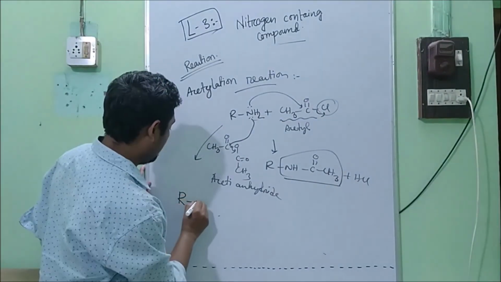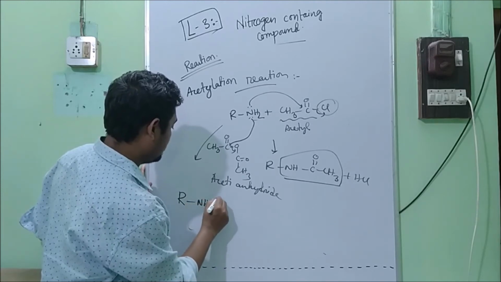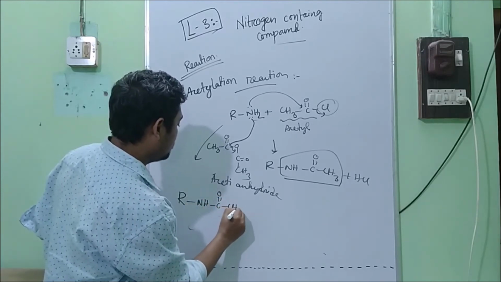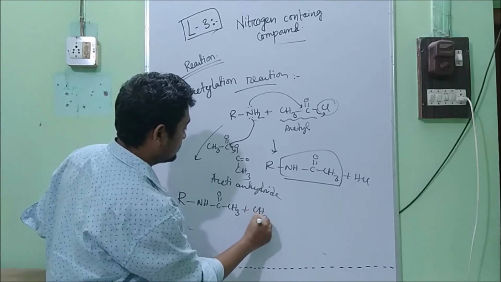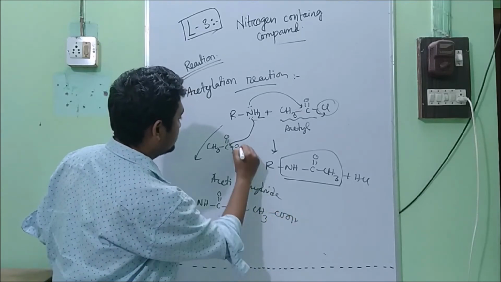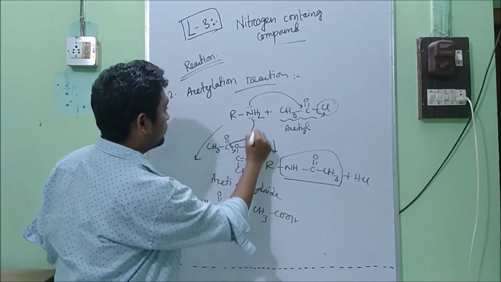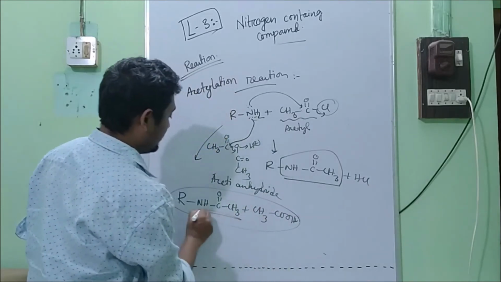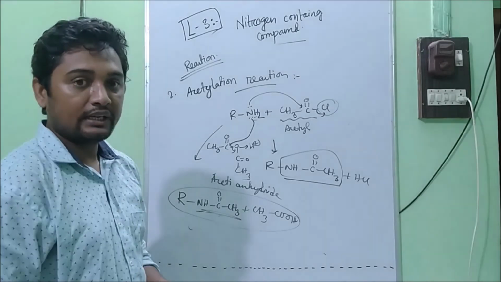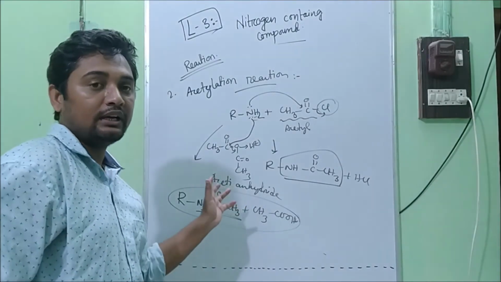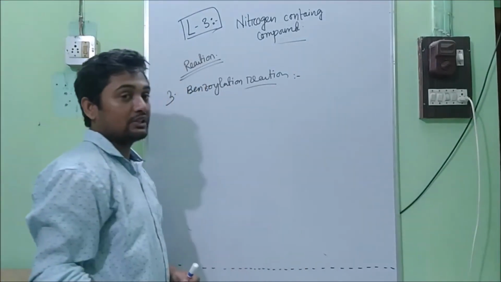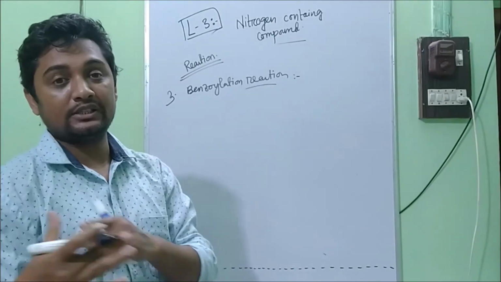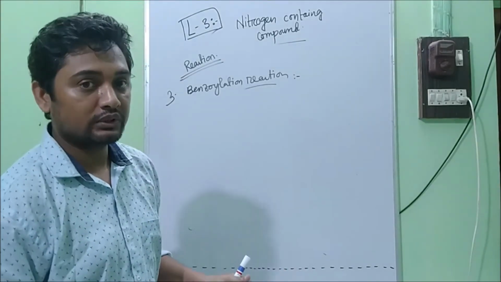Then you will have RNHCOCH3 plus CH3COOH. This oxygen will take H plus from here, so it will convert into acid. Now this is the acetylation. So in this way we can introduce an acetyl group into the NH2 group. Next one is benzoylation. We can also introduce a benzoyl group into the amine compounds.